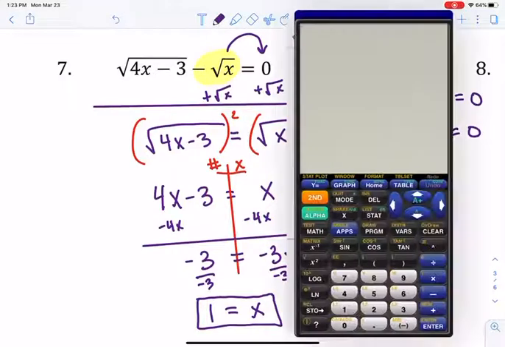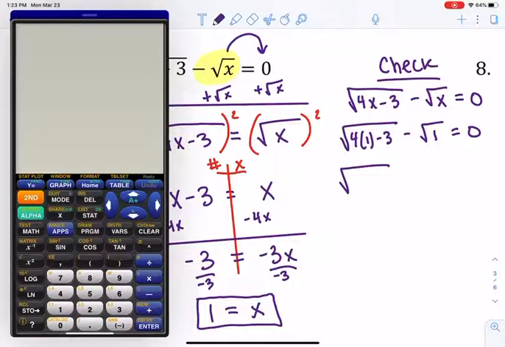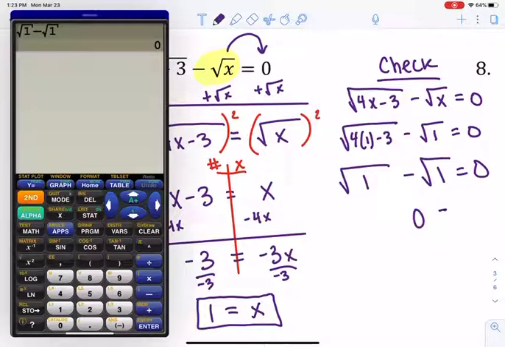So 4 times 1 is just 4 minus 3. That would be 1. So the square root of 1 minus the square root of 1, well, if you wanted to try this in your calculator, is obviously just 0. So 0 is equal to 0. That works.